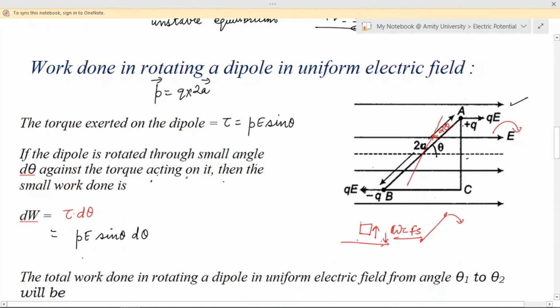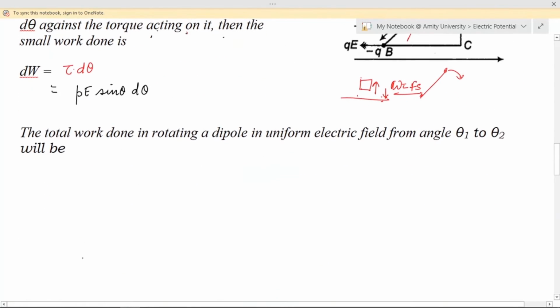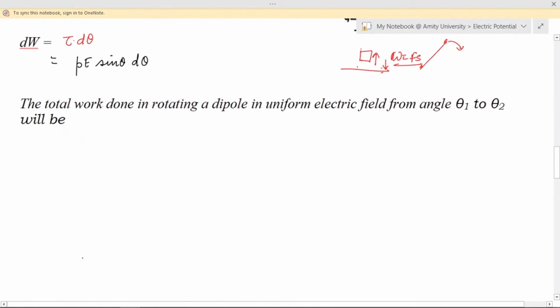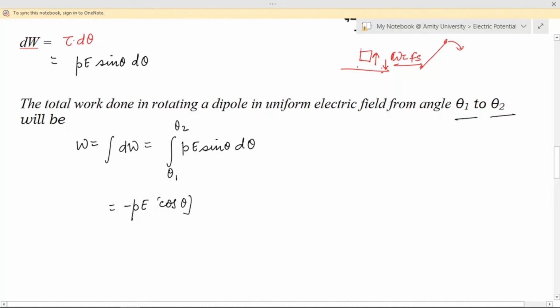Then, if this is the small work done in rotating through angle d theta, what will be the total work done in rotating a dipole from angle theta 1 to angle theta 2? So we can integrate it. Total work done will be the integration of dW, so we integrate PE sine theta d theta, with the limits of theta from theta 1 to theta 2, which is equal to PE times the integration of sine theta, which is minus cos theta, with limits theta 1 to theta 2.